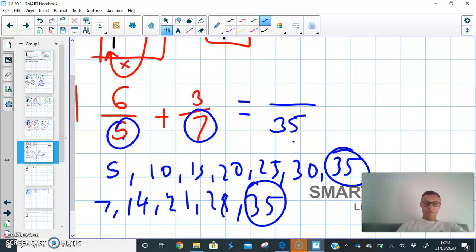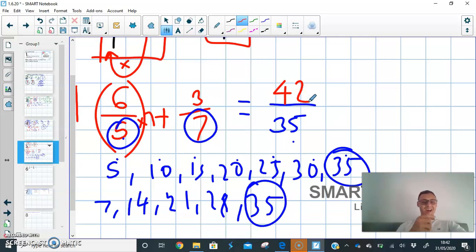How do I get from 5 to 35? Well, I times it by 1, 2, 3, 4, 5, 6, 7. Times both of those by 7. 7 times 6 is 42. And then how do I get from 7 to 35? Times it by 5. So what am I going to do? Copy the sign. We know this is going to be 35.